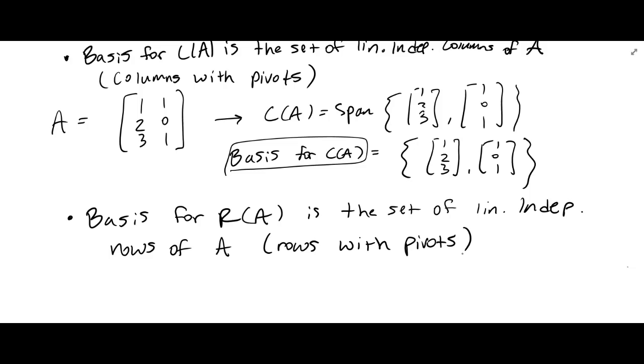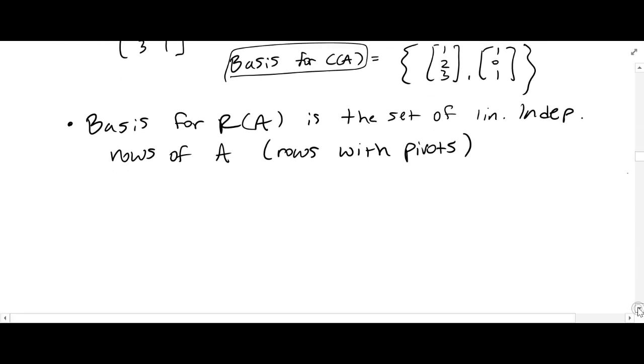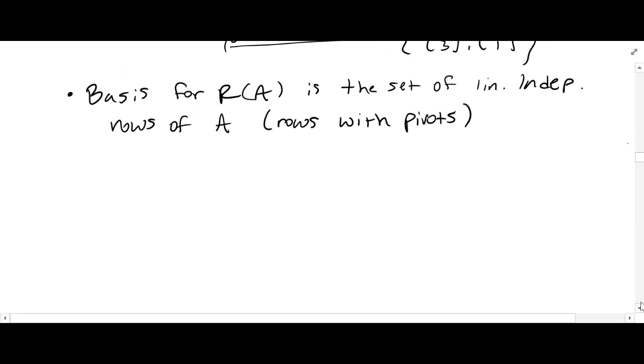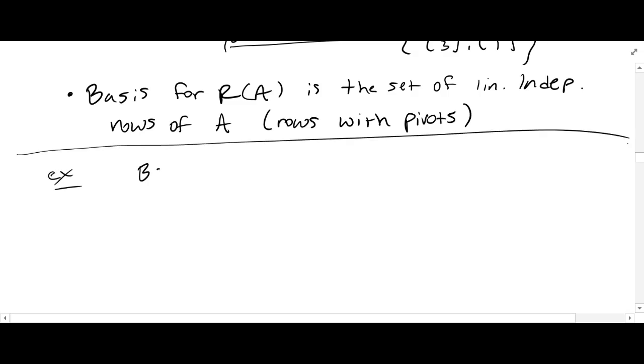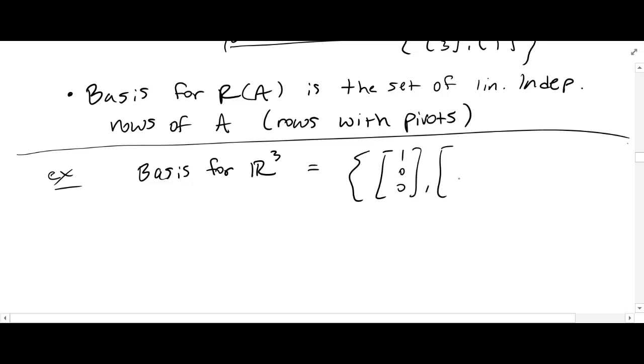Okay, so a couple examples. A basis for R3, three-dimensional space, is the three standard unit vectors, perpendicular axes, unit vectors along the axes. That's a basis for R3.